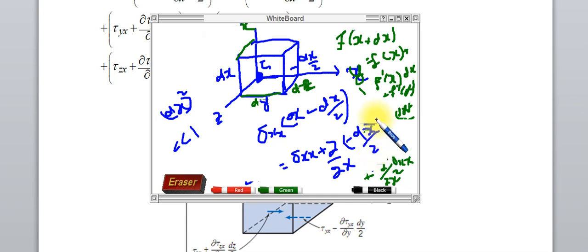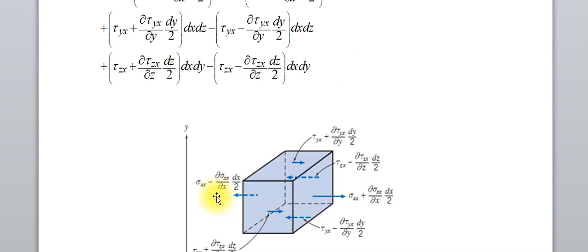And we ignore the other terms because of dx square, dx cube. So you can see this minus will come here. So it will become sigma xx minus partial by partial x sigma xx. So you can see here minus partial by partial x dx by 2.